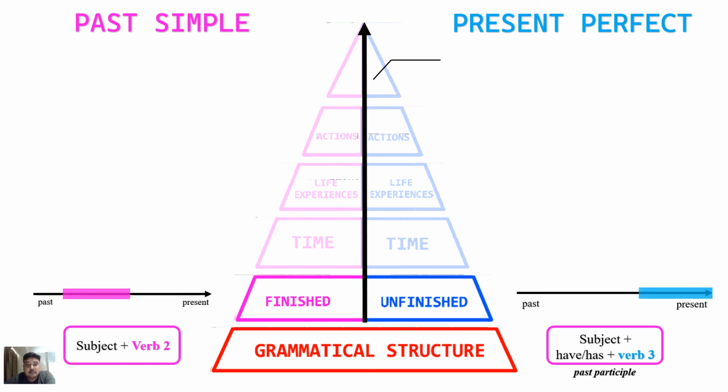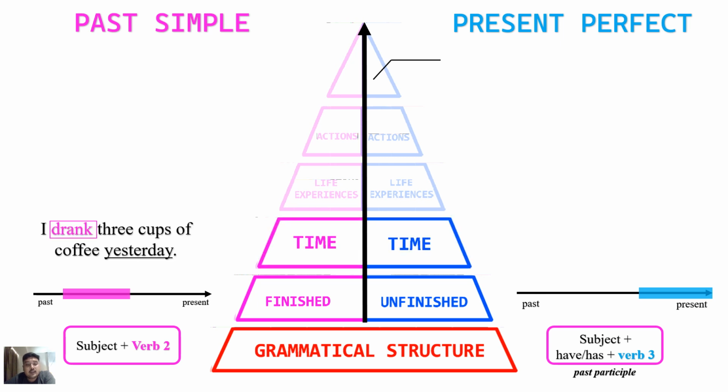Finished time: I drank 3 cups of coffee yesterday. This means that we are not drinking coffee now. Unfinished time: I've drunk 3 cups of coffee today, and maybe we are going to add some more cups of coffee today.